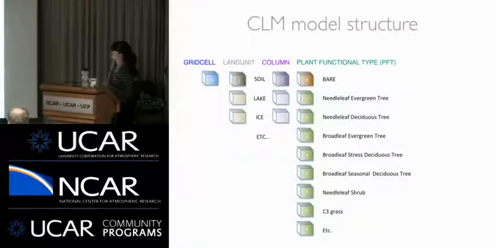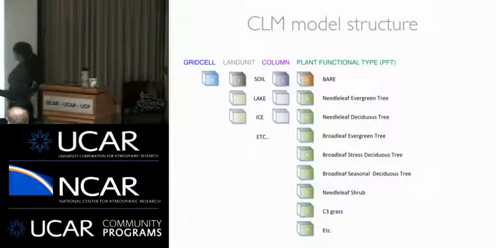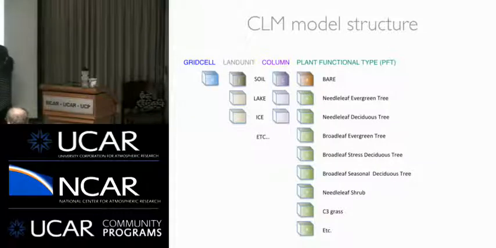So some model structure, for those of you that are interested in that kind of thing. Currently our CLM model looks like this. We have this hierarchy of objects. We start with a grid cell, a climatic grid cell. Everything in the grid cell has the same climate. Then we divide it into these land units, like I said, of soil, lake, ice, etc. Then we divide the soil land unit and the others into different columns.